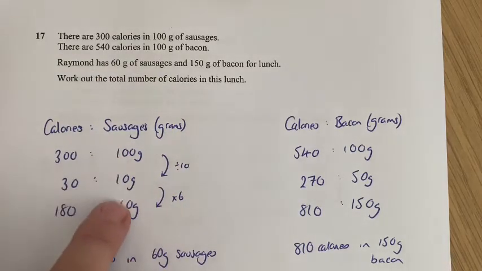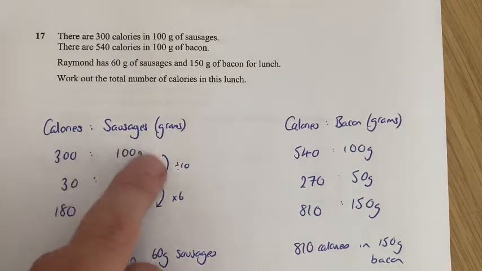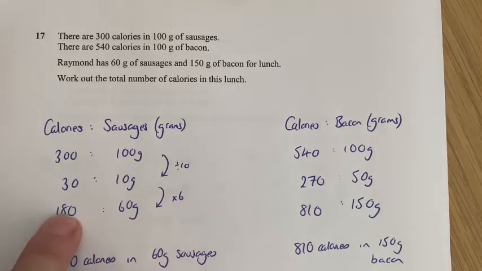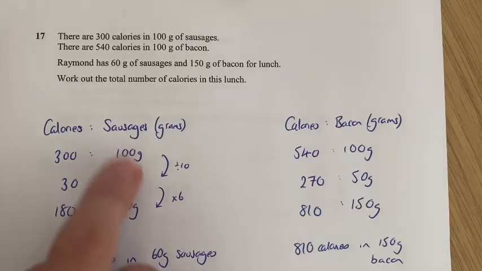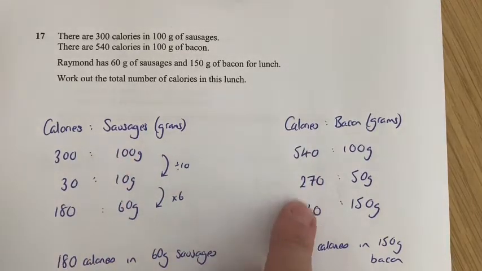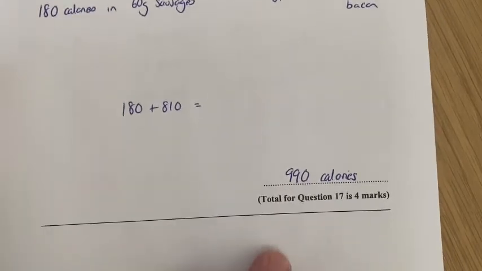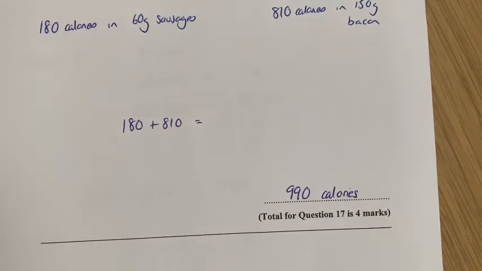So just find out how many calories it would be in 60 grams of sausages, and the same sort of thing over here with the bacon, and you end up with 990 calories as a final answer. As I said, this is explained in a bit more detail on another video.